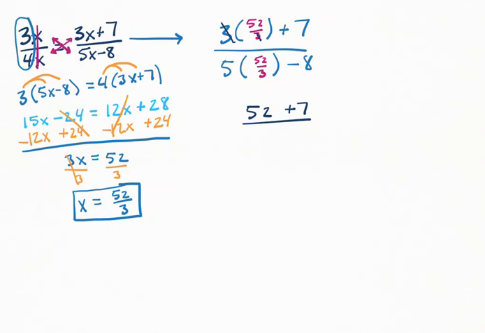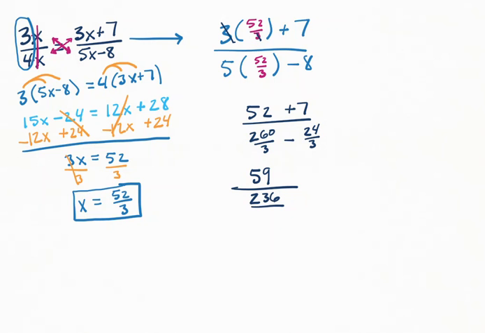So I'm going to have to do 5 times 52, that's 260 over 3. Minus, now I need to turn this 8 into thirds. So 8 times 3 is 24, so minus 24 thirds. All right, so on top, 52 plus 7 is 59. And on the bottom, 260 thirds minus 24 thirds is 236 thirds.